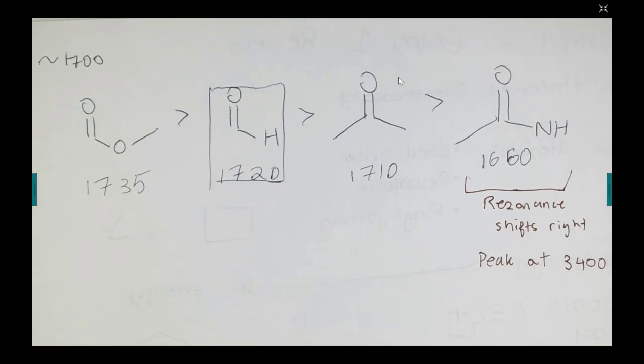I was just going to ask about the ketones and the carboxylic acids, because the way I learned them was that ketones were 1750 and carboxylic acids were 1725. So is the range kind of in between there?